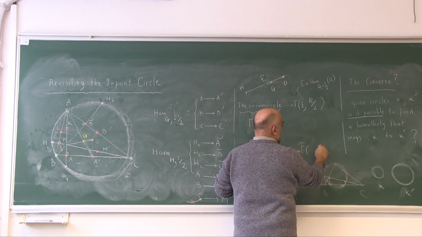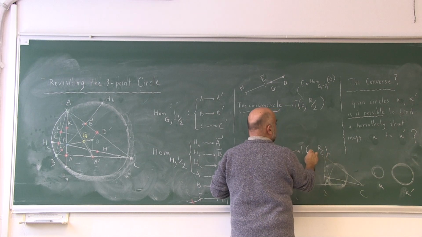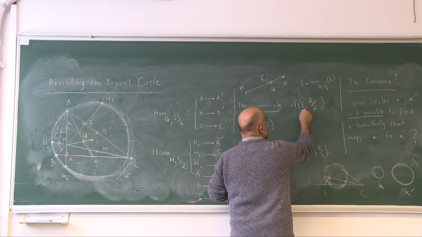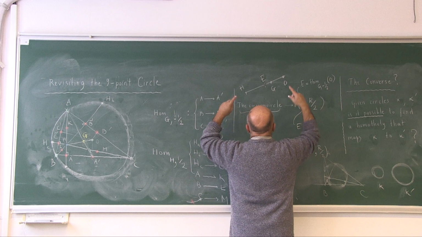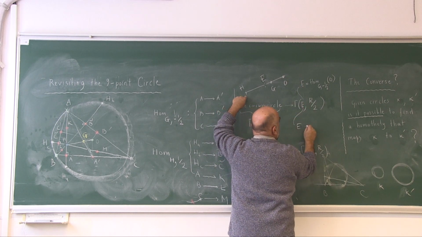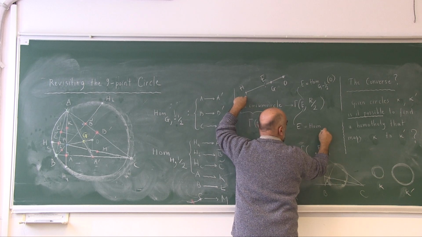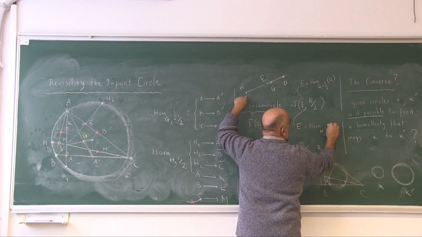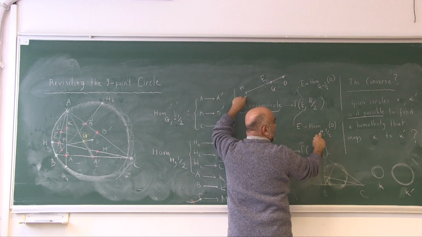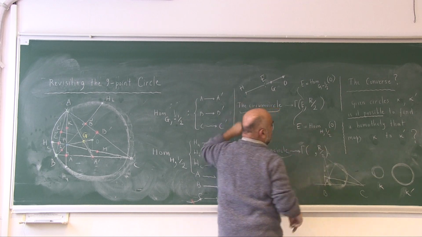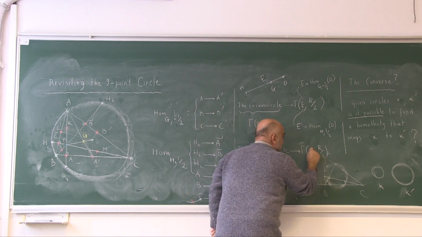Well, the radius will be a half. And what is this point, E? Well, this point E, the exact midpoint of AH, is also the image of the point O under the homothetic with center H and ratio similitude a half. So it means this is again the thing.